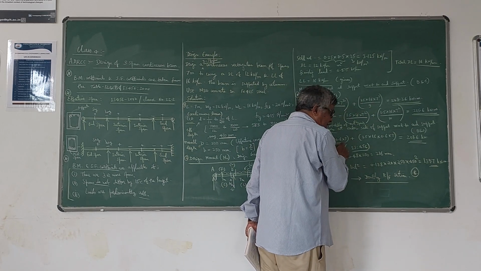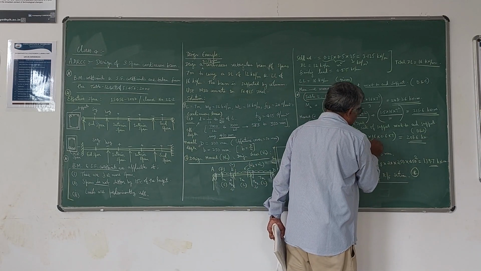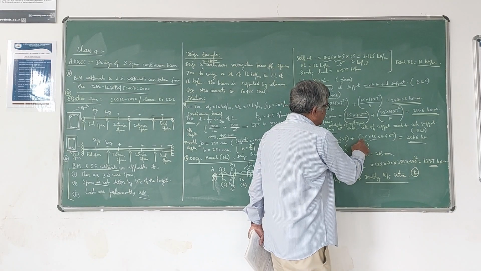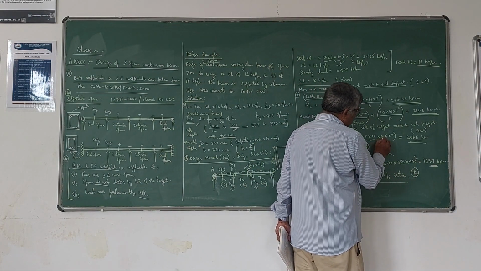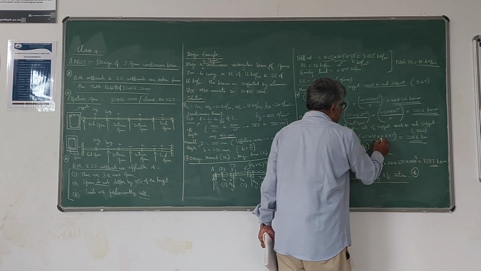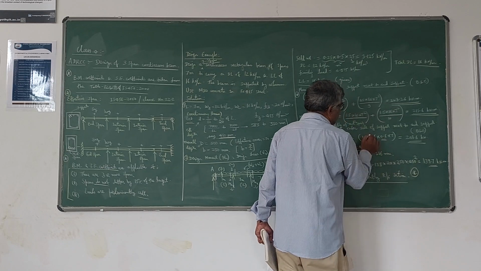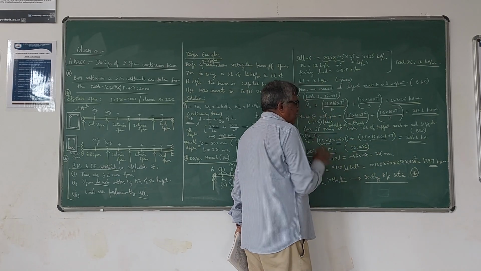Plus the not fixed imposed load. This is the load 1.5 into 16 into 0.6. Once again, you can see on the outer side it is a 0.6 coefficient into 7. That means this is W into 0.6, W into 0.6.